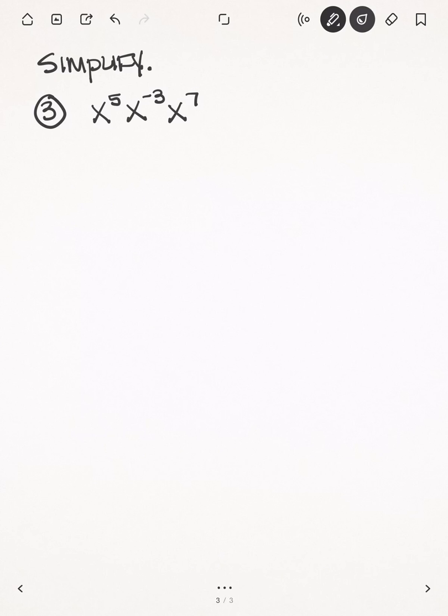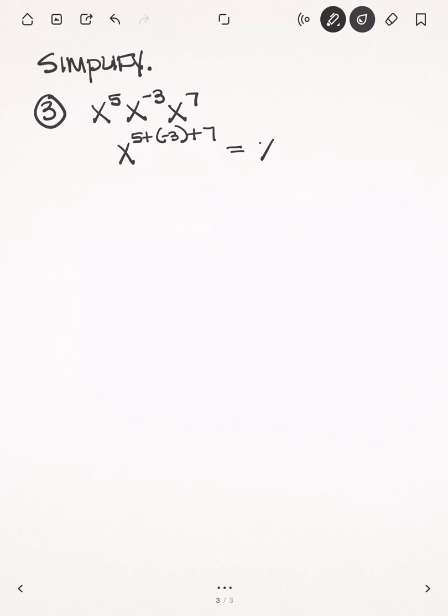You might see that negative exponent and say, I'm going to move that to the bottom. Well, if you leave it alone and just add or subtract, because when you multiply like bases, you add your exponents. So really, I have x to the 5 plus a negative 3 plus 7. When I multiply like bases, I add my exponents.